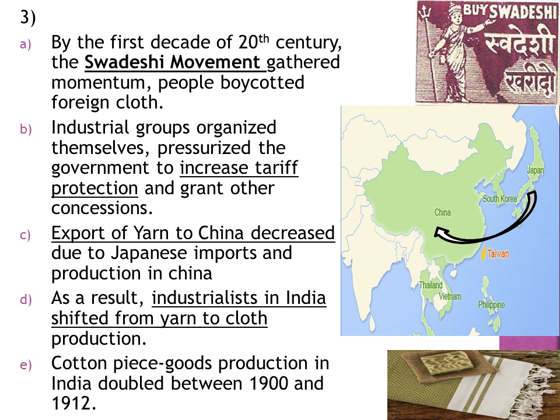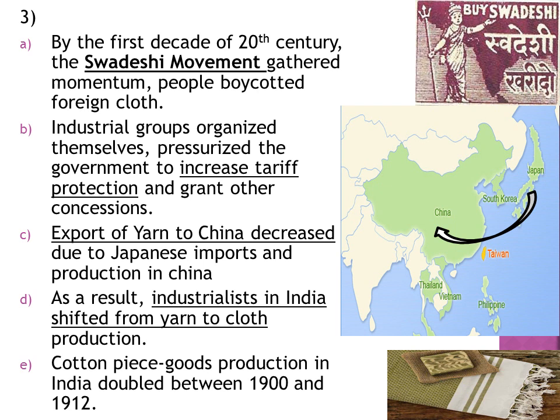Industrialists of India wanted the British government to impose import duty on foreign cloth that was coming into India. But do you think Britishers would have agreed to it? No, they did not. Moreover, export of yarn to China also started declining because Chinese mills also started producing yarn, plus Japanese also started exporting yarn to China.